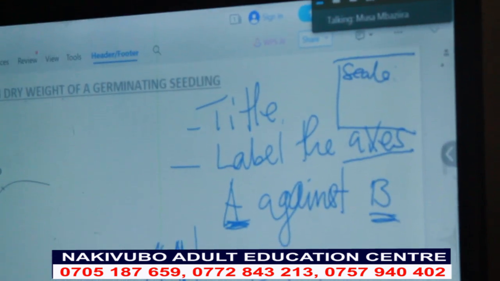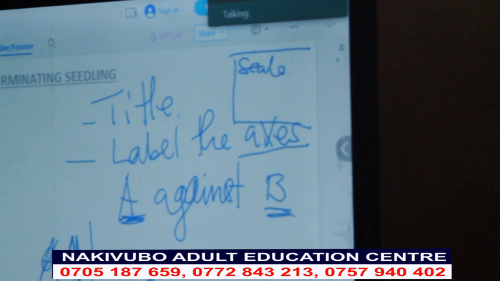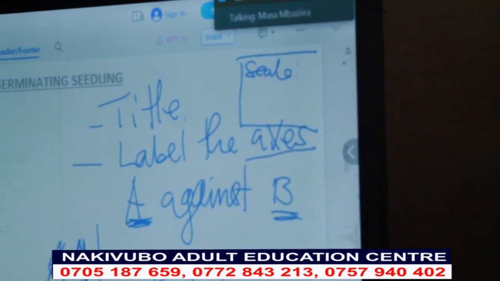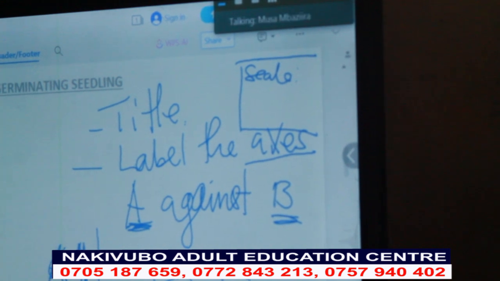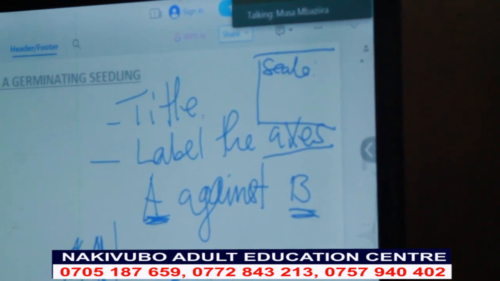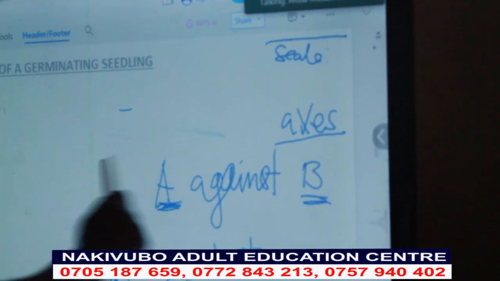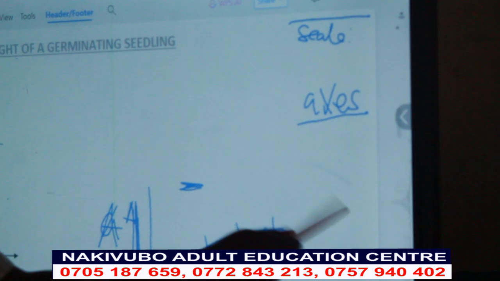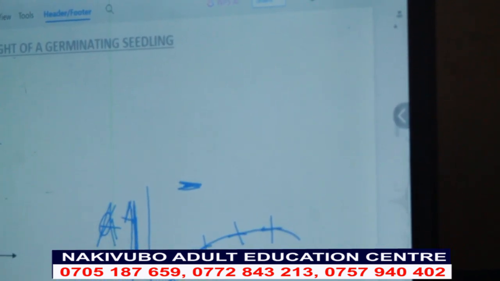And please, when you're writing the scale, you use the scale of geography. You know how to write the scale in geography? How do we write it? Someone give me the answer.